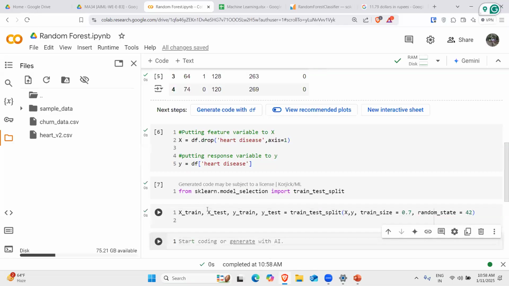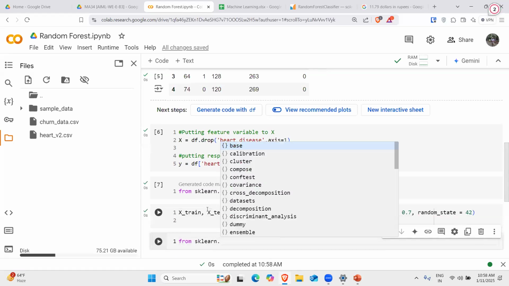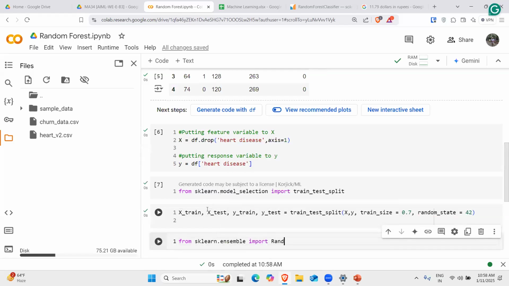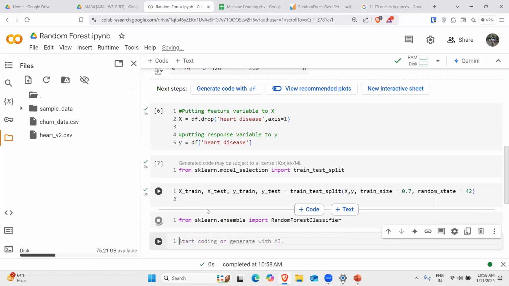Then it's our time to build the random forest model directly. We'll be using the random forest model from sklearn.ensemble. We're going to import RandomForestClassifier, right? Now it's time for the model building part.